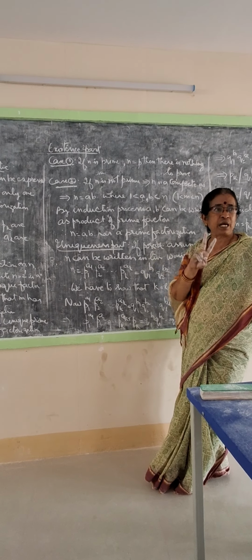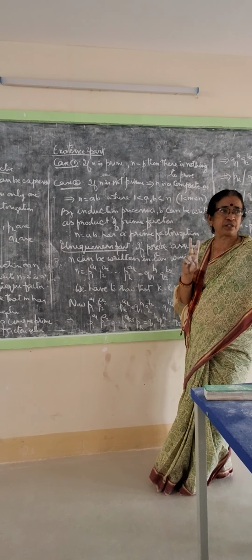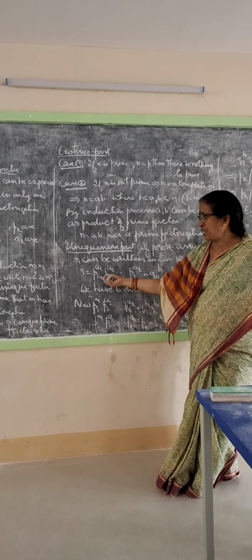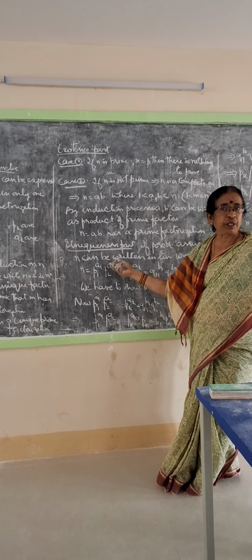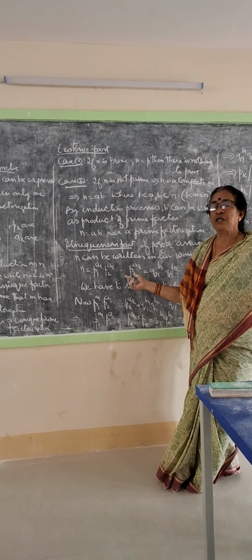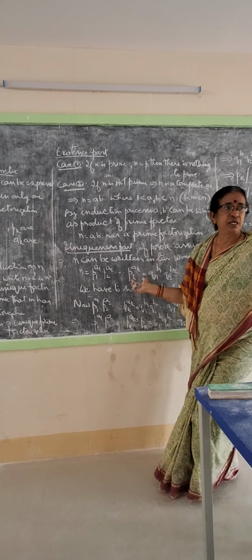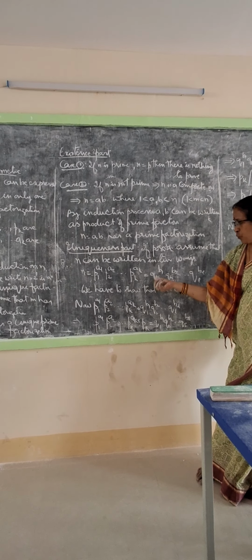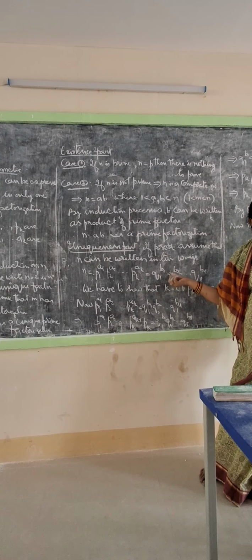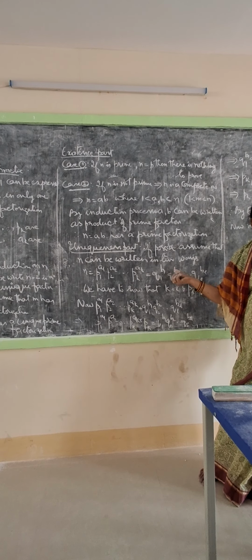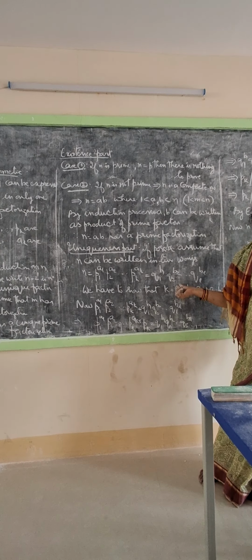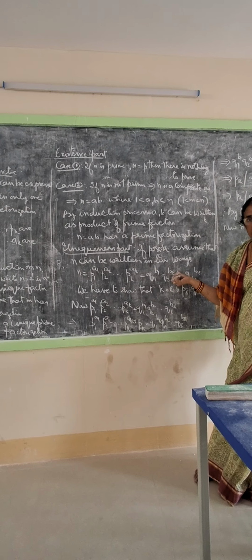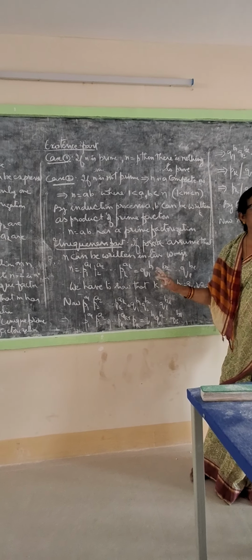If possible, assume that n has two factorizations. Namely, one is n equals p1 to the power of a1 into p2 to the power of a2 and so on, pk to the power of ak. Similarly, another prime factorization, q1 to the power of b1, q2 to the power of b2, etc., ql to the power of bl. Now we are going to show that these two are the same.